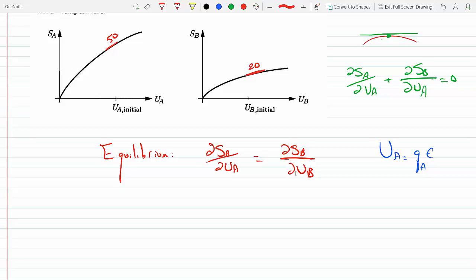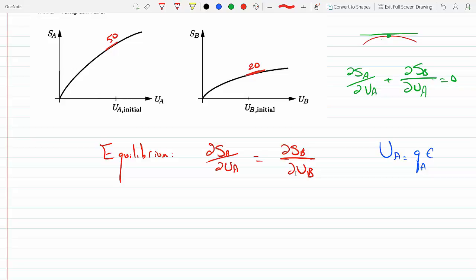The object with the steeper graph, which in this case is A, wants to gain energy in order to increase its entropy, while the graph with the shallower slope, that is B, doesn't really care much if it loses a little bit of energy to A, since its entropy does not decrease by much as you change the energy.